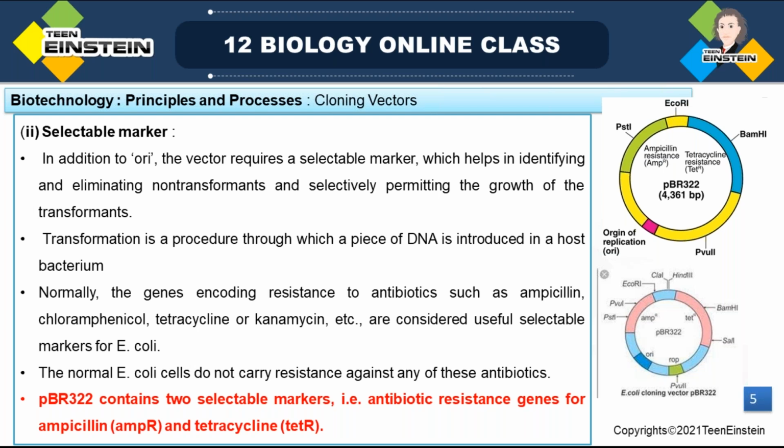The genes which we normally use as selectable markers are for antibiotics. Which antibiotics? Ampicillin, chloramphenicol, tetracycline and kanamycin. These are the common antibiotics used as a selectable marker for E. coli, because normal E. coli cells do not carry resistance against any of these antibiotics.